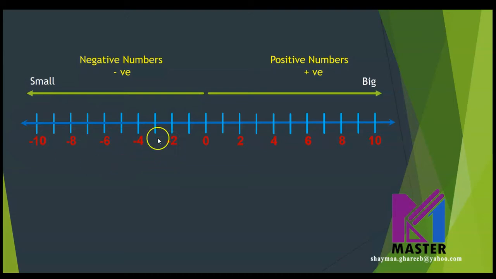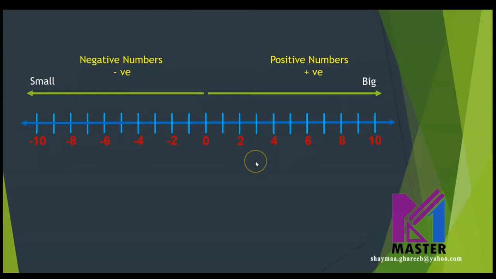And negative 2 is bigger than all of these negative numbers. Then the 0. The 0 is bigger than any negative number. Okay? Then 1 is bigger than all the previous, and so on. So we can say that any positive number is bigger than any negative number.